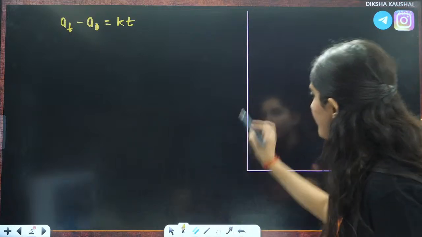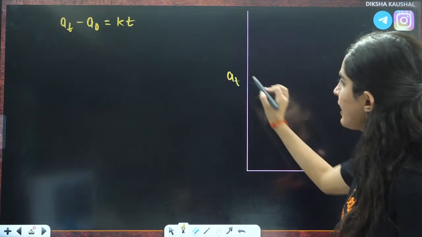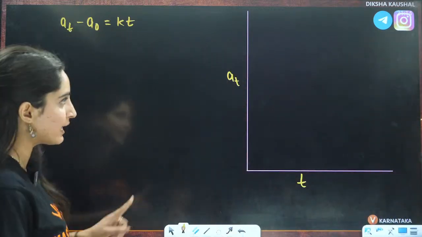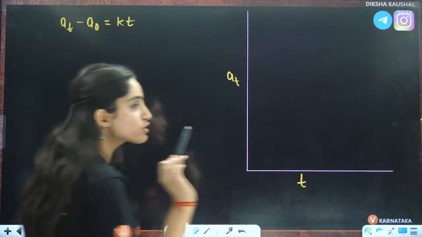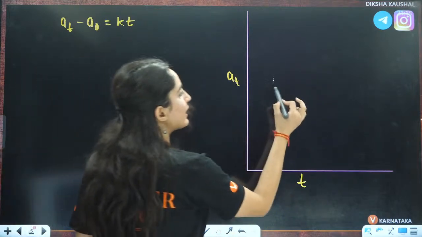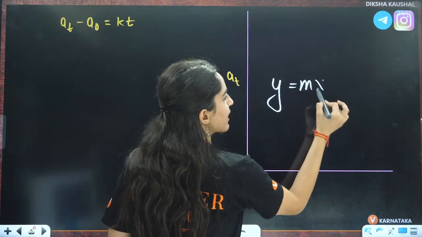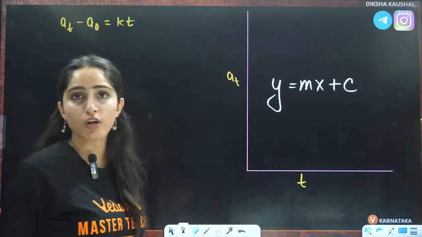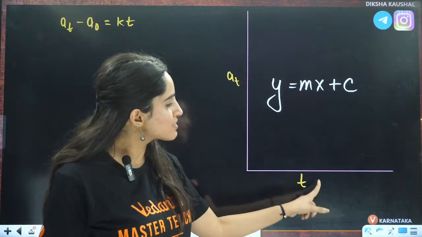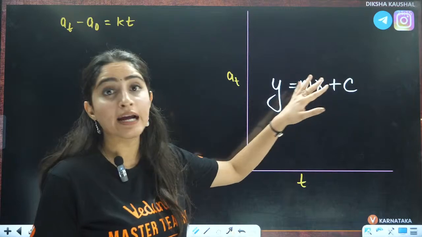If I want to draw a graph between AT and t, final concentration and time, always remember there is a straight line graph, that is y equals to mx plus c, where y is what is in the y-axis, x is what is in the x-axis, c is the intercept.